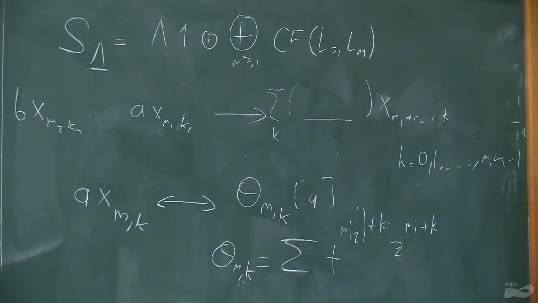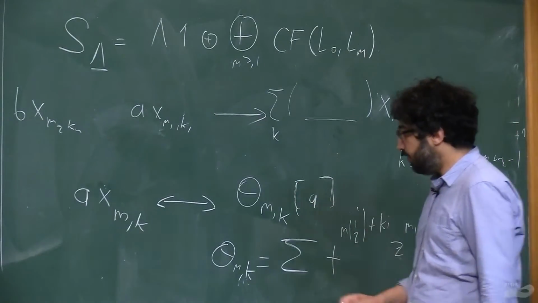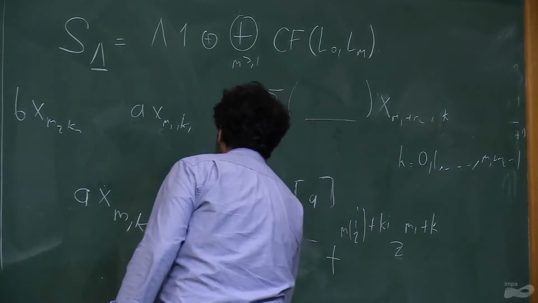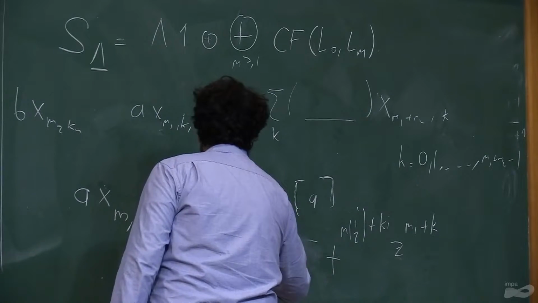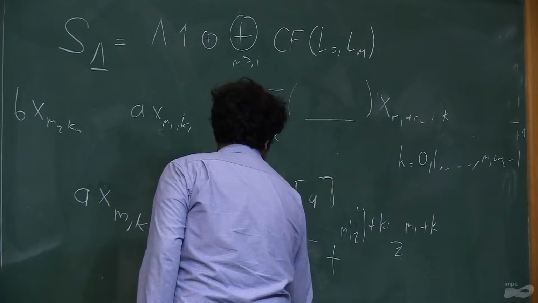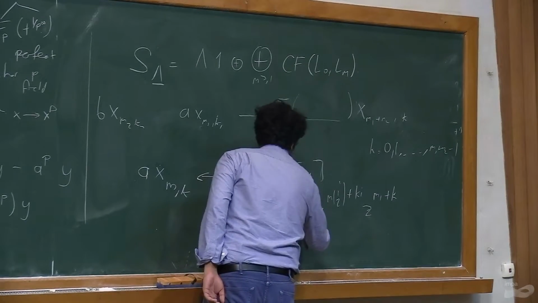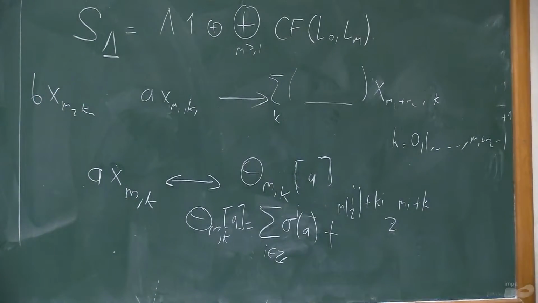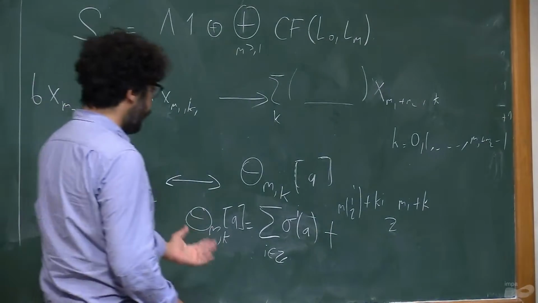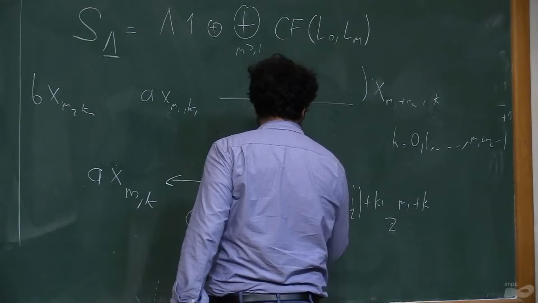So now what happens is we have a new thing which has this A in it, and the corresponding theta m k A is again a sum like this, but there is a sigma i to the A as a coefficient here. Okay? So you have to consider this kind of series. And this is not in Mumford anymore.